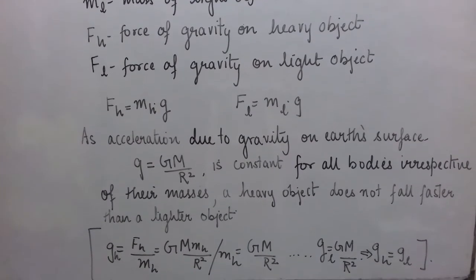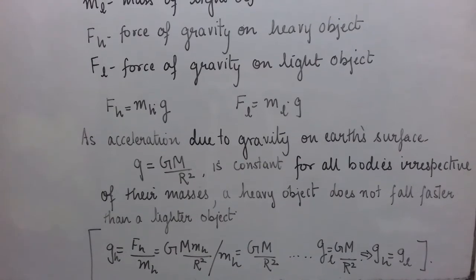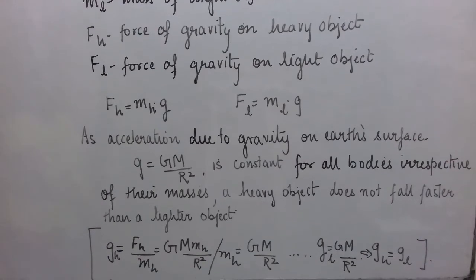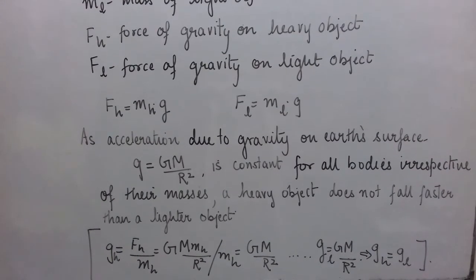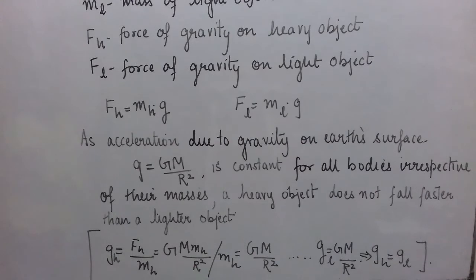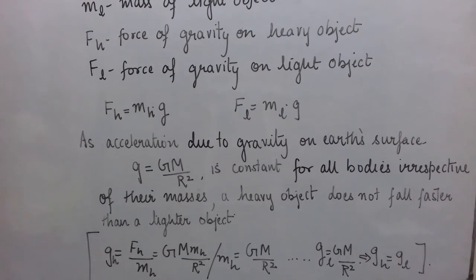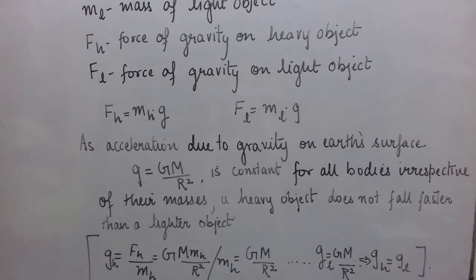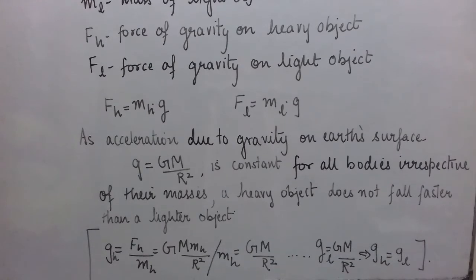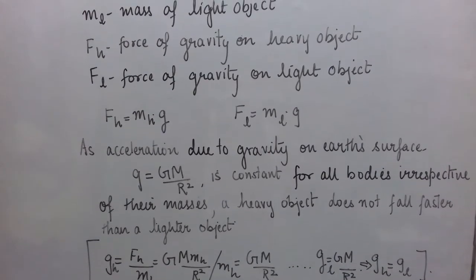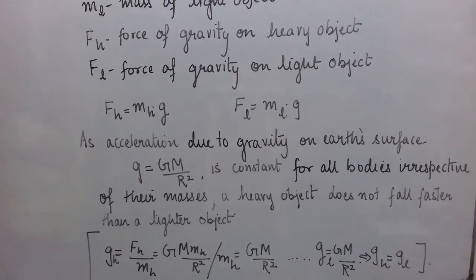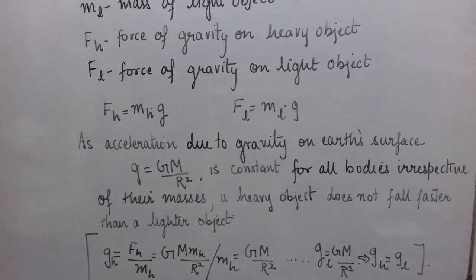Similarly, if I take the acceleration due to gravity on the lighter object to be gl and proceed in the same manner, then gl will be equal to Fl upon ml, and the final answer will be capital G capital M over r square. So from here we conclude that small gh is equal to small gl. It means acceleration due to gravity on a heavy object or a light object remains the same.